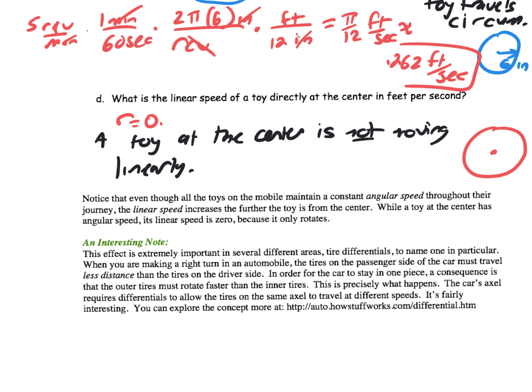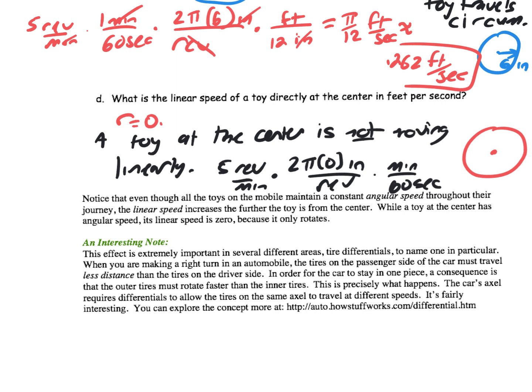So, if we were to do the calculation, we'd have 5 revolutions per minute times 2 pi times 0 inches per revolution. And then we'd have, in 1 minute, there are 60 seconds, and we could continue on.